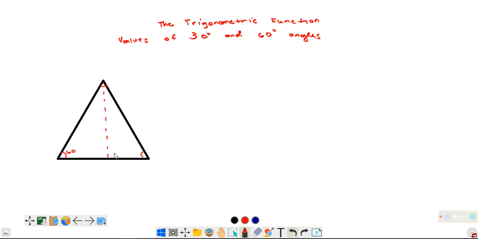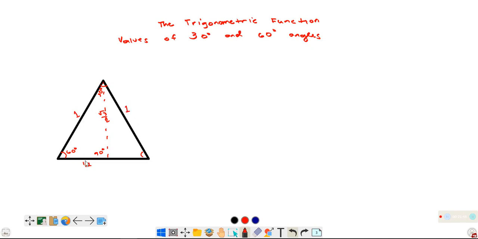So, this is 60. This is 90. And this one here is 30 degrees. So, again, the opposite of 30 is 1/2. The adjacent of 30 is square root of 3 over 2. And our value here is 1.